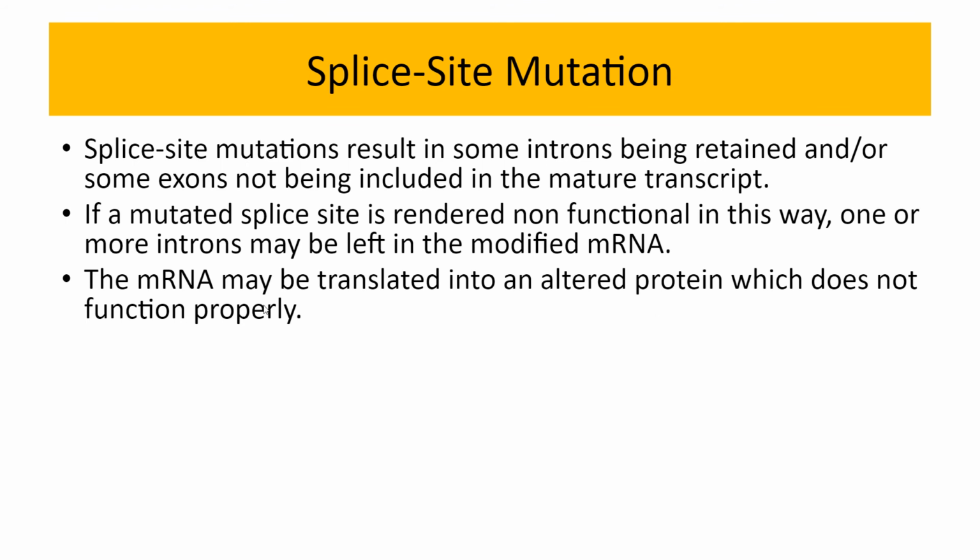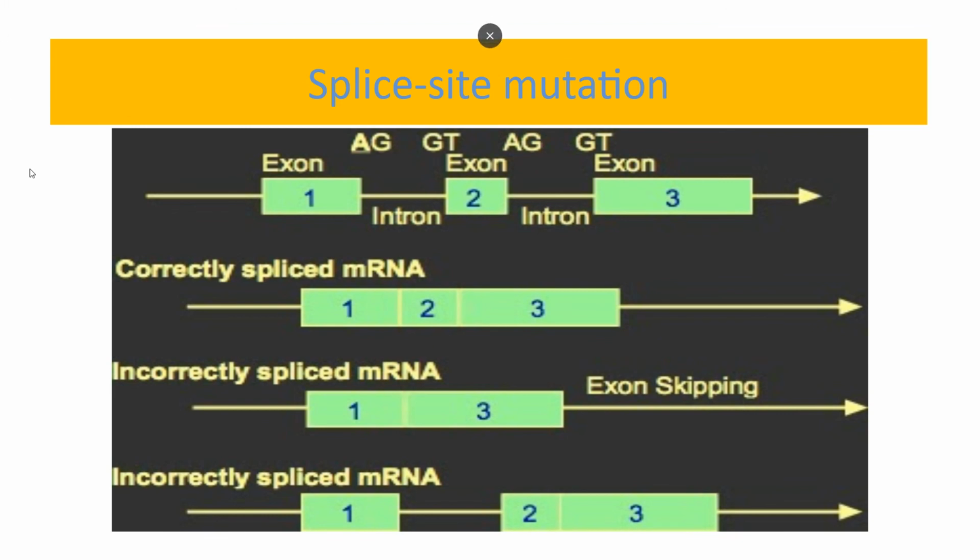So if your mRNA does not have the correct exons, or it has introns as well as exons, both of which are results of splice site mutation, then again, the protein might not function properly. And so here's a couple of examples.